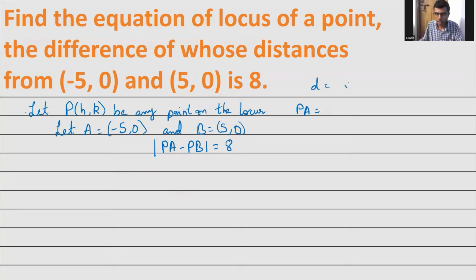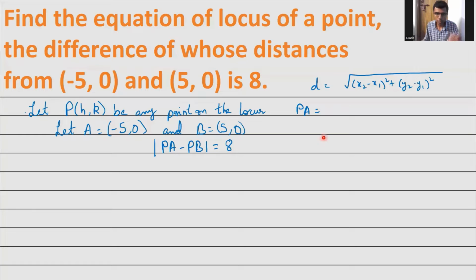The distance formula you might know, but still I'm putting it down. Distance is nothing but under root of (x2 minus x1) whole square plus (y2 minus y1) whole square, or (x1 minus x2) whole square plus (y1 minus y2) whole square. Now PA. P is (h, k). I'm going to take this as (x2, y2), and A as (x1, y1).